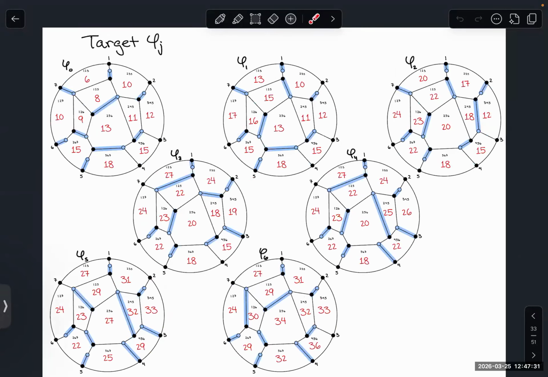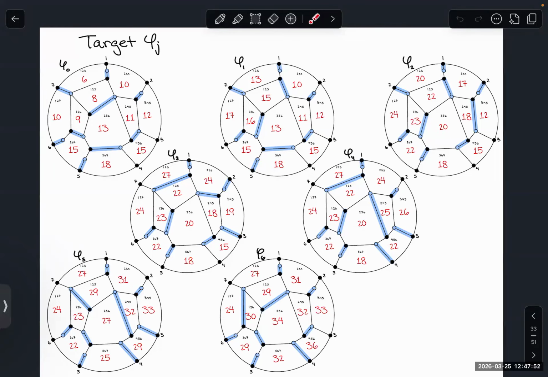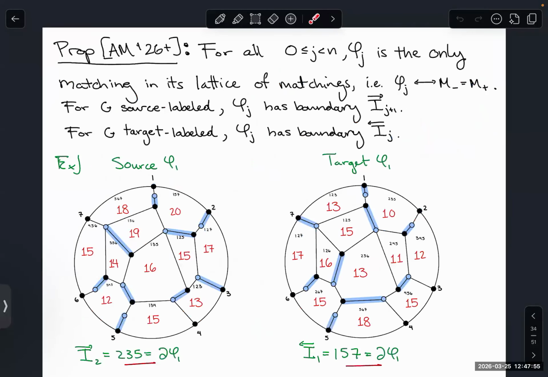We can consider the same thing with respect to target labeling of our graph. We're always having to bounce between these two conventions. But in this setting, the boundary conditions that we see are different with different j. I'll just leave that as that because we have a proposition for it. As we range over j, phi j is the only matching in its lattice of matchings.